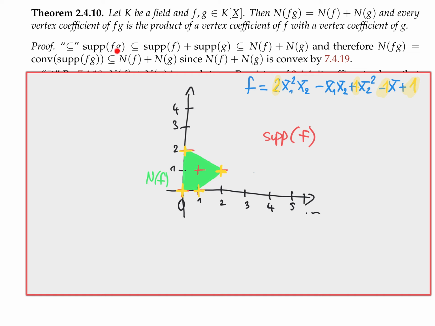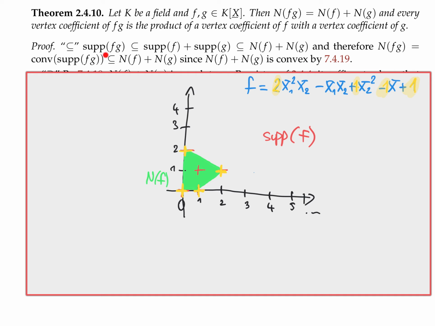So the support of fg: if you know how you multiply two polynomials, you see immediately that the support of fg is contained in the support of f plus the support of g.